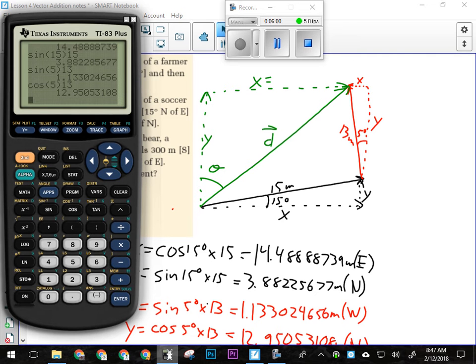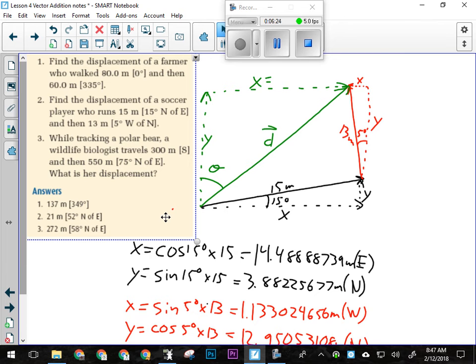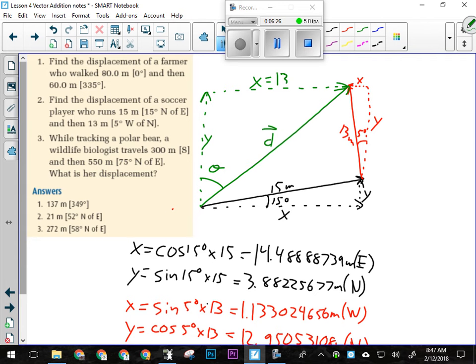Okay, so 14.4888 minus 1.133. All right, so we've got 13.356 meters, and that's going to be east. Okay, and then I've got to find the y.